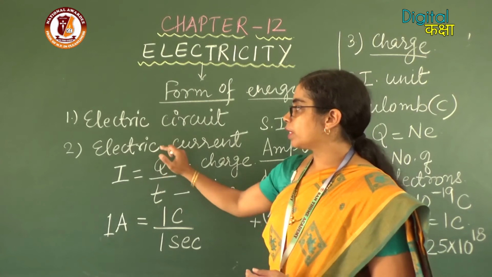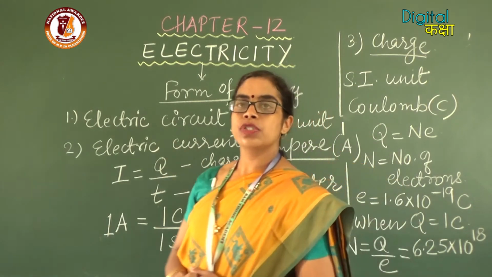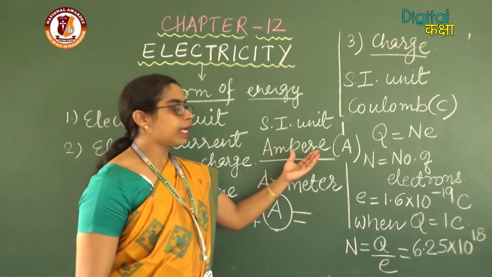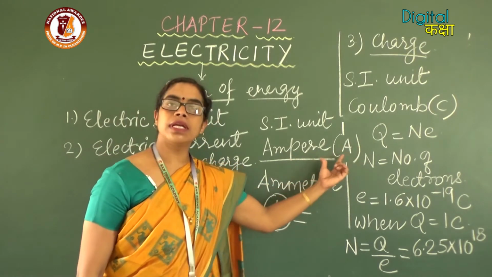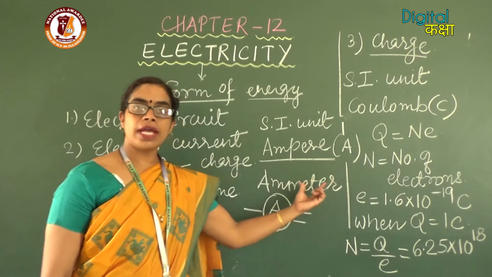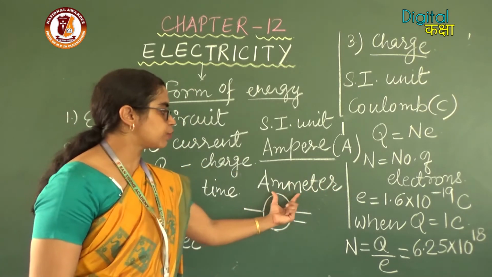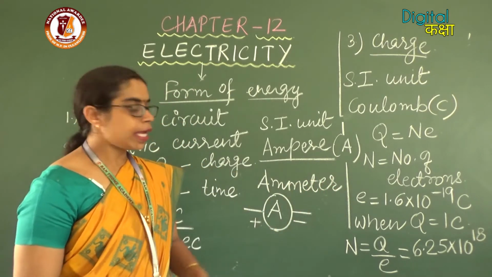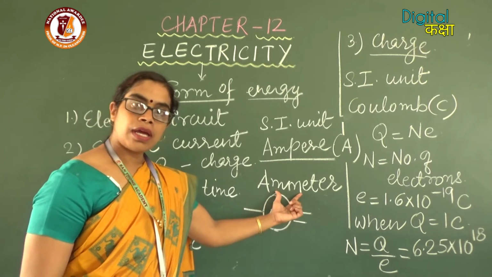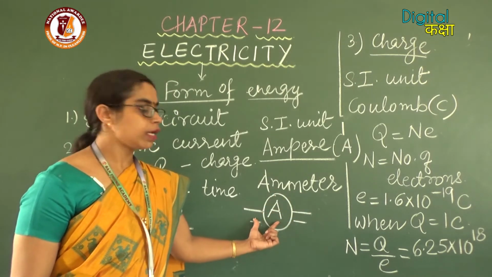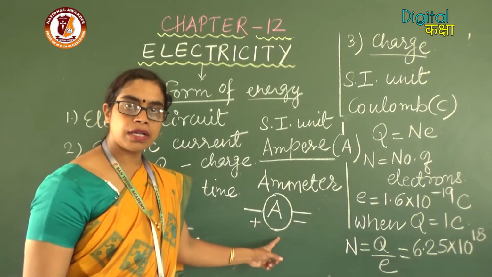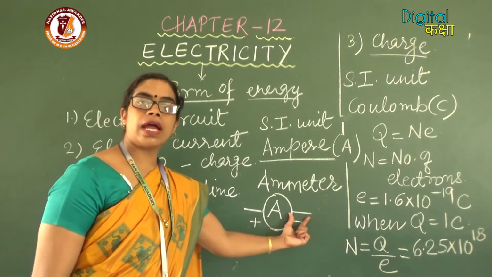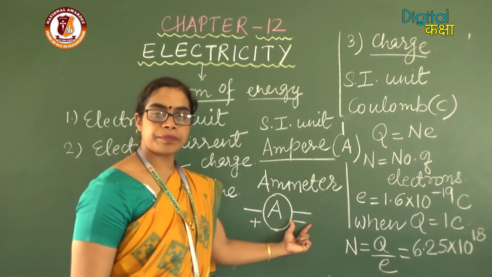The physical quantity electric current has its SI unit ampere, which is denoted by capital A. The device which is used to measure the electric current in a circuit is called an ammeter, and this ammeter is denoted by the symbol capital A, which is encircled, with the positive and the negative sign.